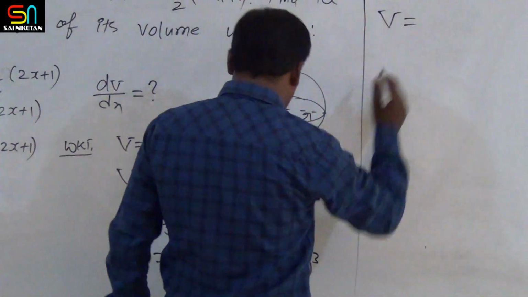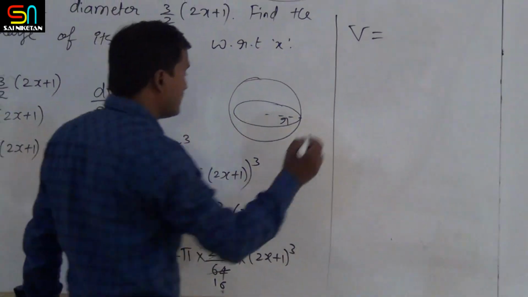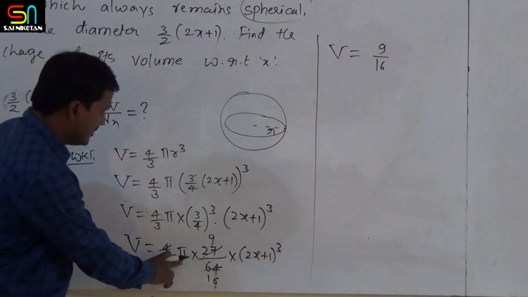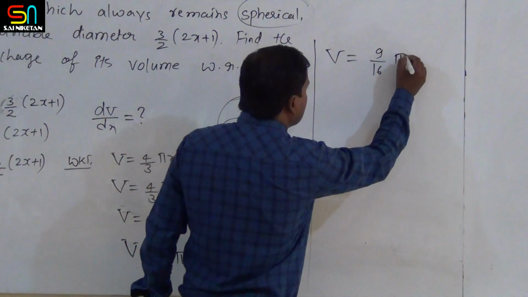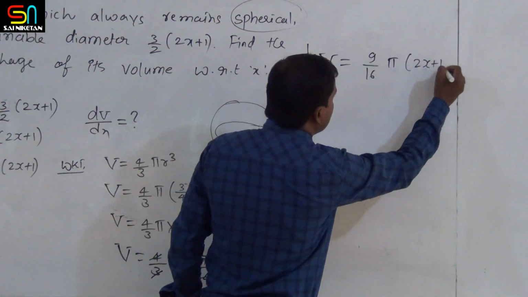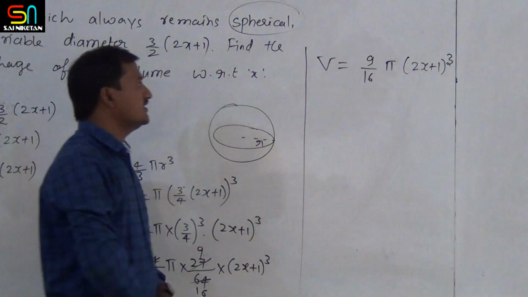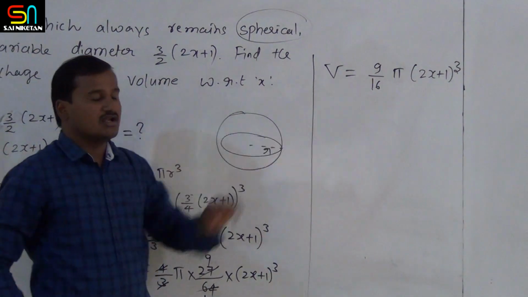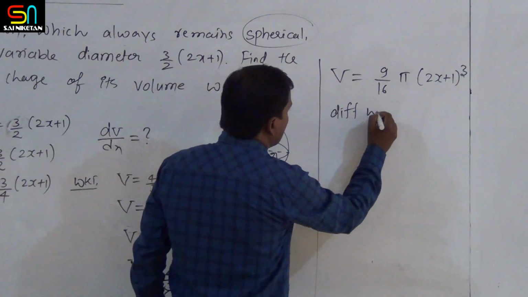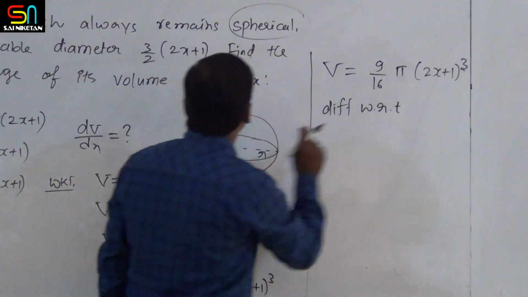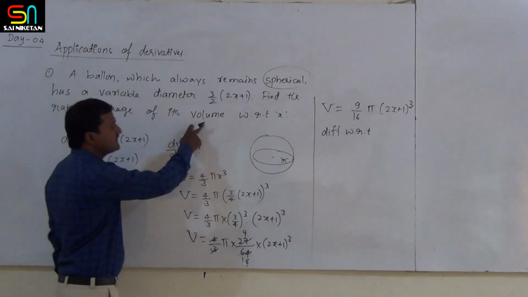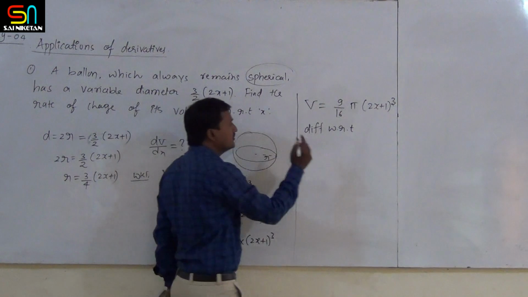So clearly volume is equal to 9 divided by 16 pi into 2x plus 1 whole cube. Right? So actually this is the volume of the sphere. Now we have to differentiate this with respect to x, because we should find the rate of change of its volume with respect to x.